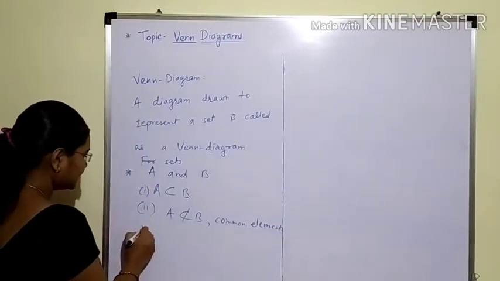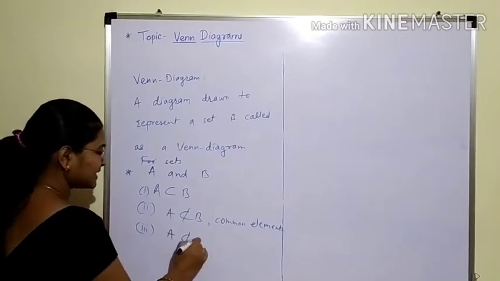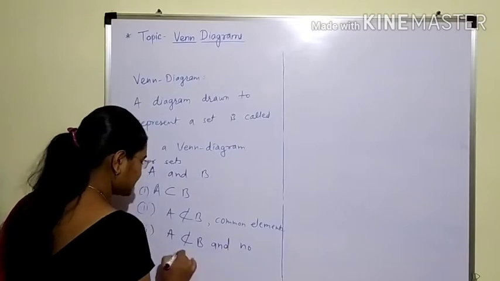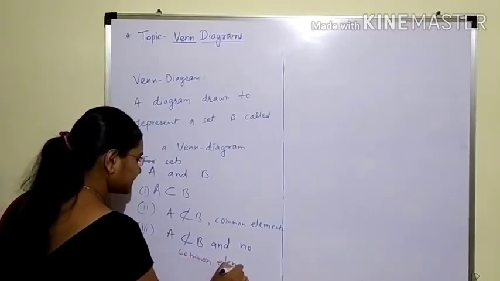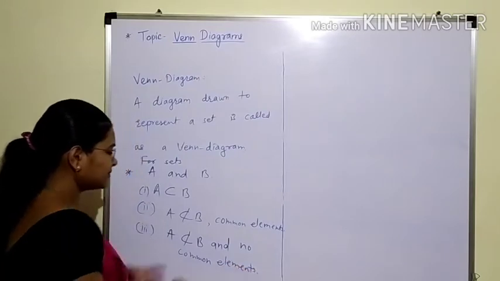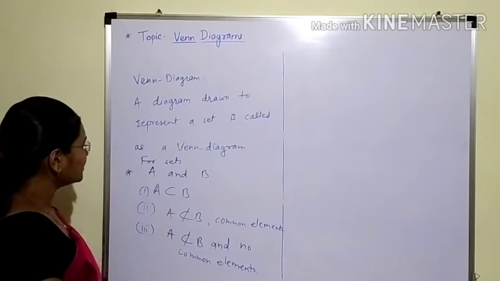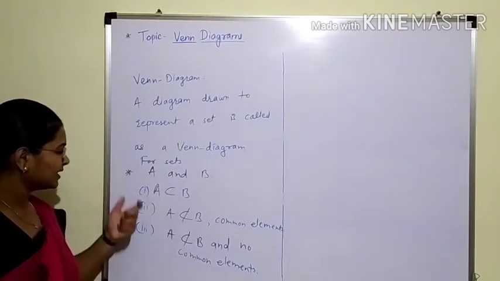And the third one, A is not a subset of B and there are no common elements. No common elements means both sets are disjoint sets. So for any two sets A and B, we have these three cases.